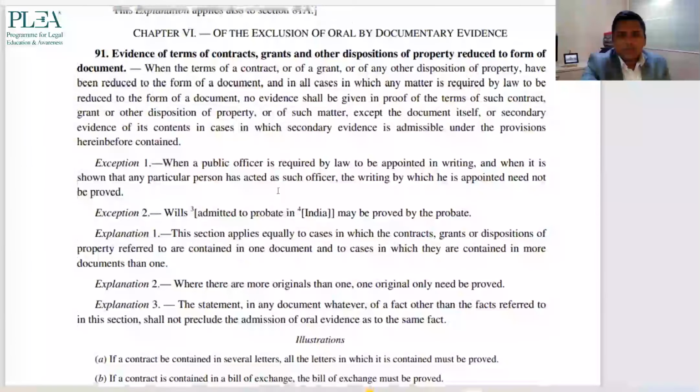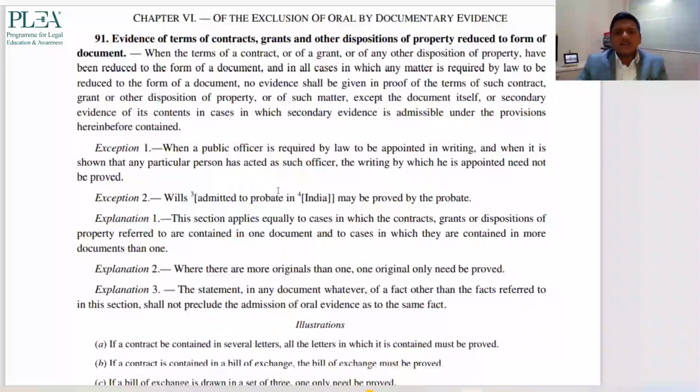We'll go to chapter 6, Evidence Act, section 91. Evidence of terms of contracts, grants, and other dispositions of property reduced to form of a document. So suppose there is a contract in existence, or there is any will in existence, or disposition, or some document which is in existence today, and you produce it before the court.